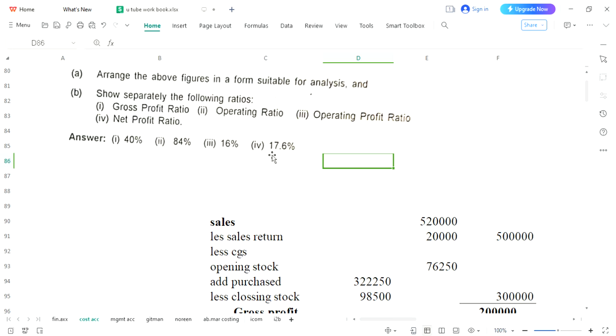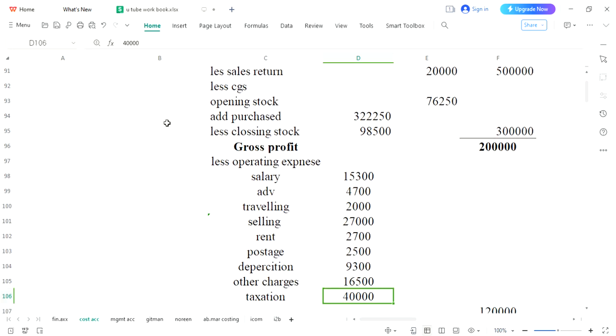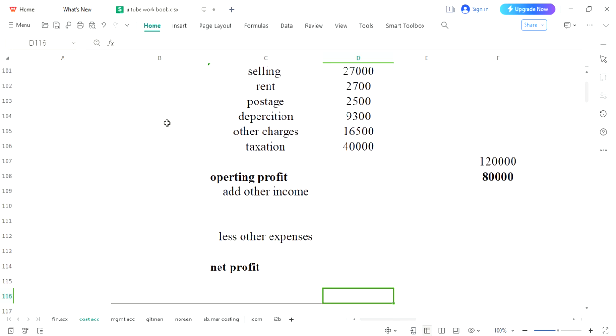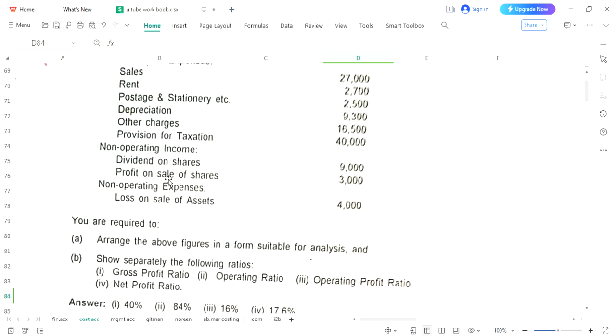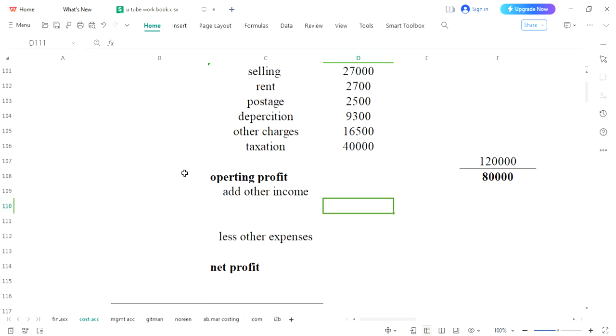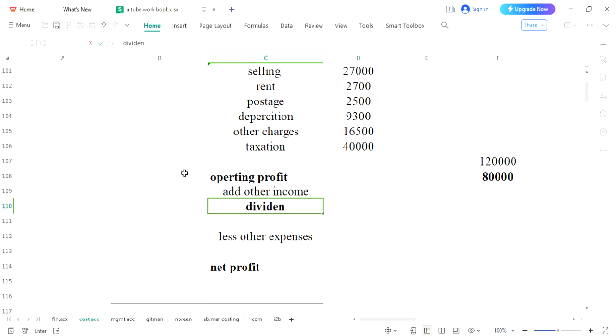Now finally we will be calculating net profit. For that we need net profit. Okay, there are few elements present over here. Other income mentioned over here, dividend and profit on shares.